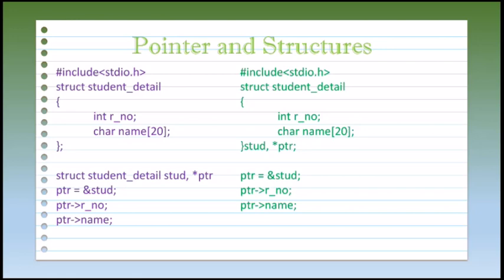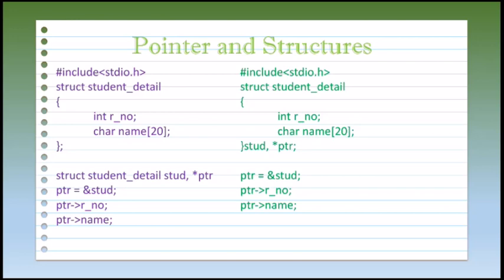There are just slight differences: struct student, obviously we are creating one structure data type, and then there are two members, r number and name. Next we have created the structure variable and pointer variable separately.